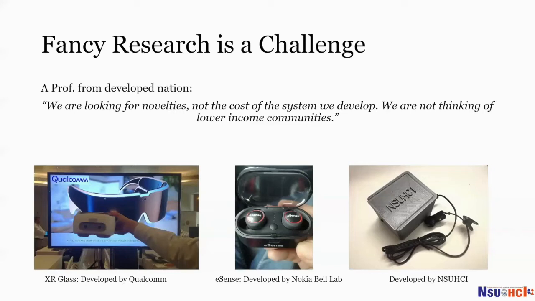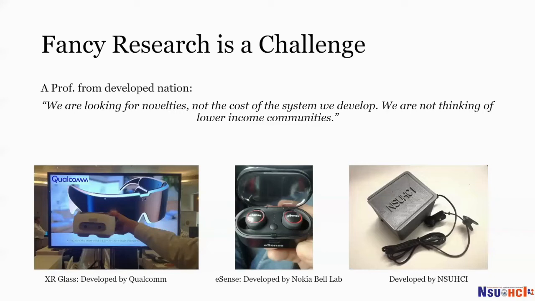The third thing is what we actually developed with our own resources. We focus on minimum specification at a very low cost. I can tell that the build quality and the functions are relatively less here, but we focus on the low-income communities in our regions. That is why fancy research may be a challenge.